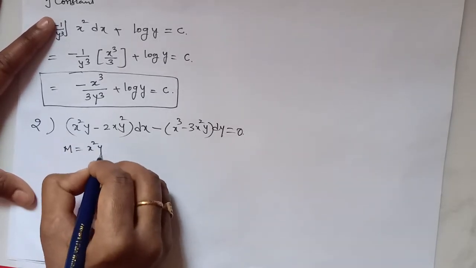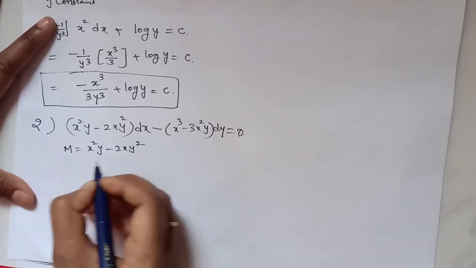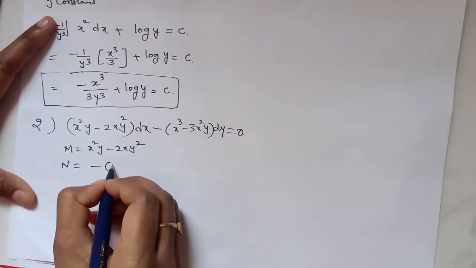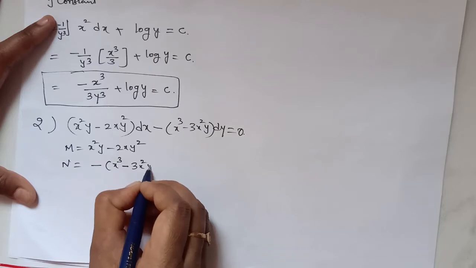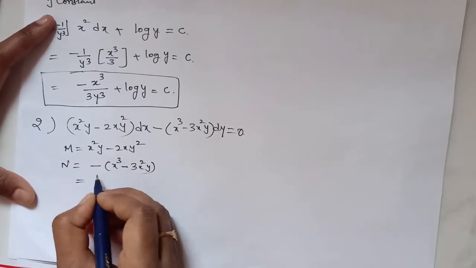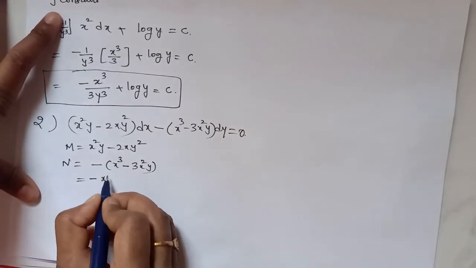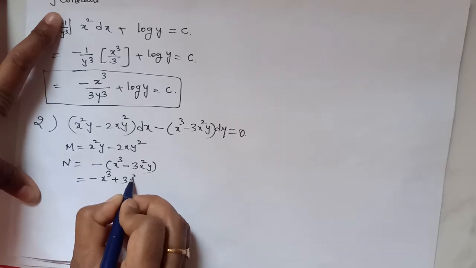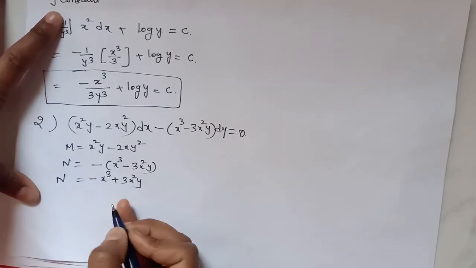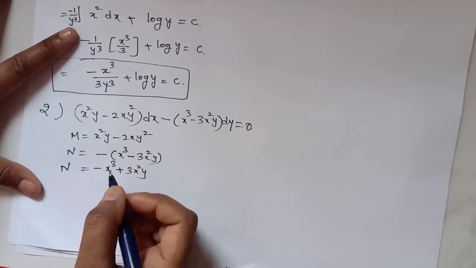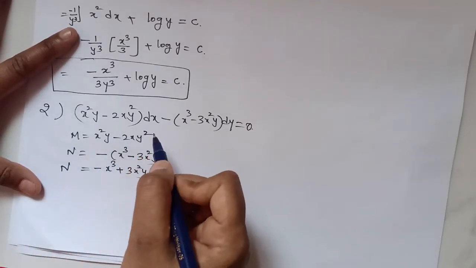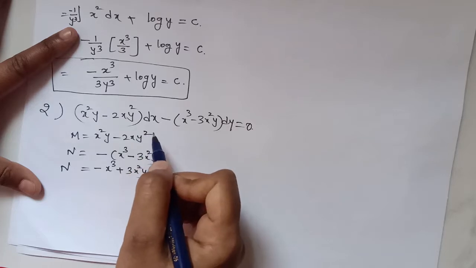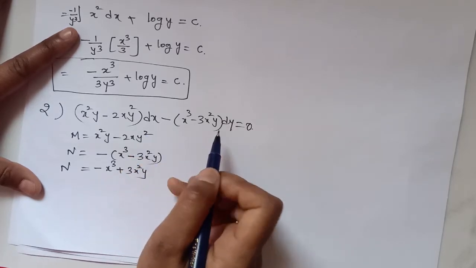M is x square y minus 2xy square. Here n is minus of x cube minus 3x square y. On simplification, by multiplying with minus, we get minus x cube plus 3x square y. This is n. By seeing this differential equation, we do not know whether it is exact or not.